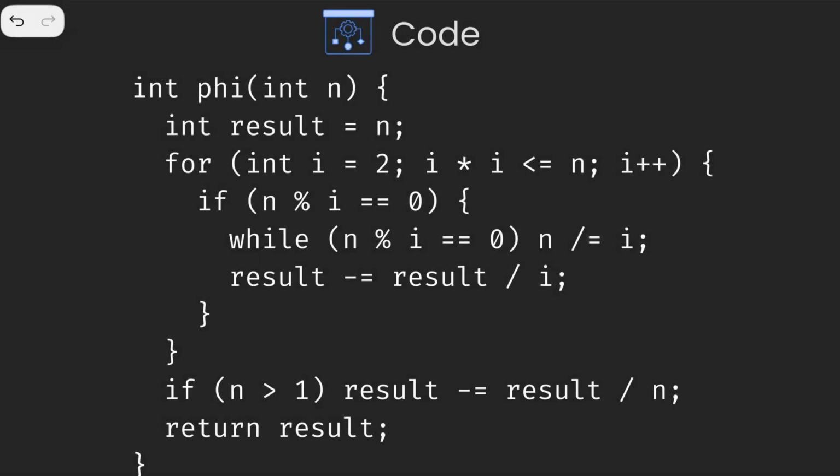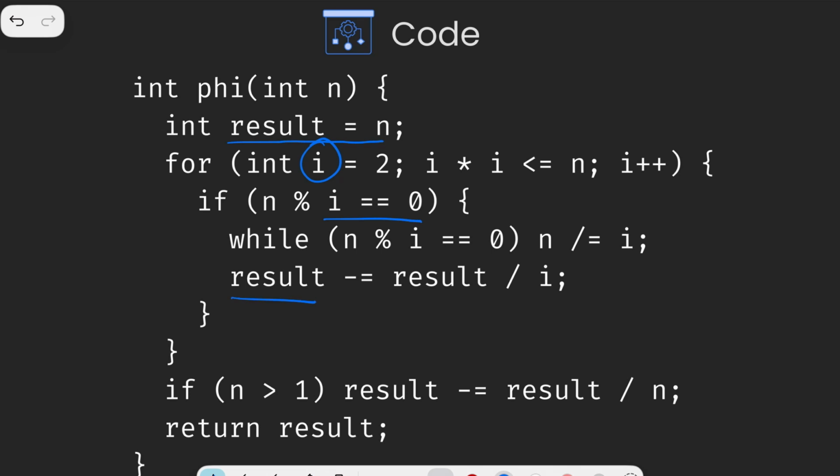So let's deep dive into the code. Remember, the formula is n into 1 minus 1 by p1 and 1 minus 1 by p2, something like that, right? So you need to compute the prime factors. That's the requirement. Let's say result is n initially, and then once we find any prime factor of n, let's say i is a prime factor of n, then we are going to update the value of result.